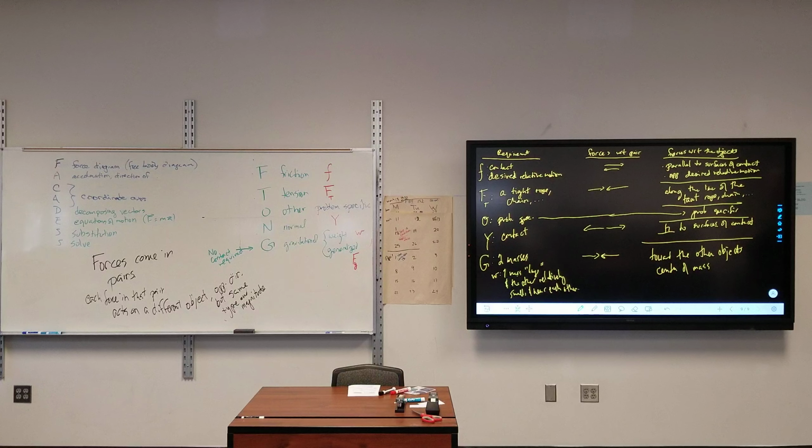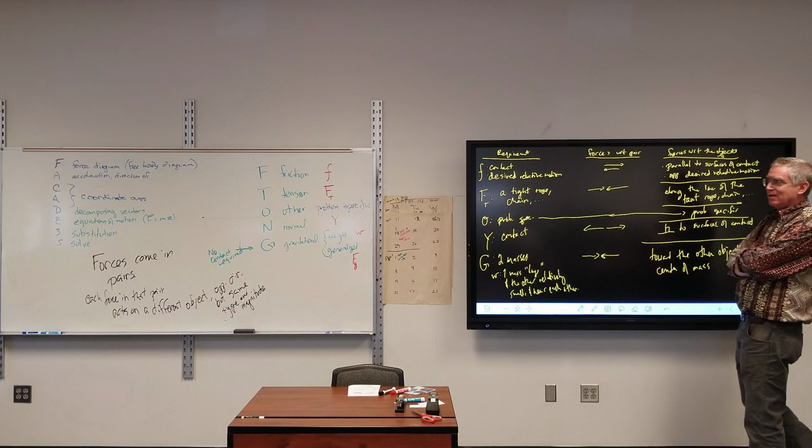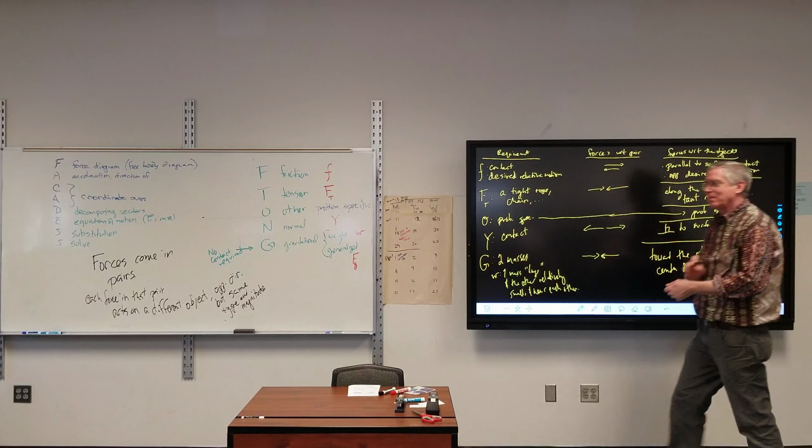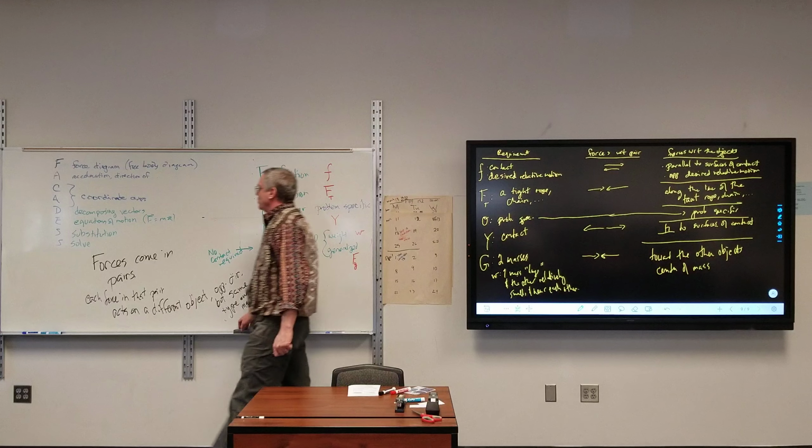So we've set up the rules, now we need to apply them. And the first one is going to be the always exciting box falling. I know, we get to do that. All right, we will start over here.